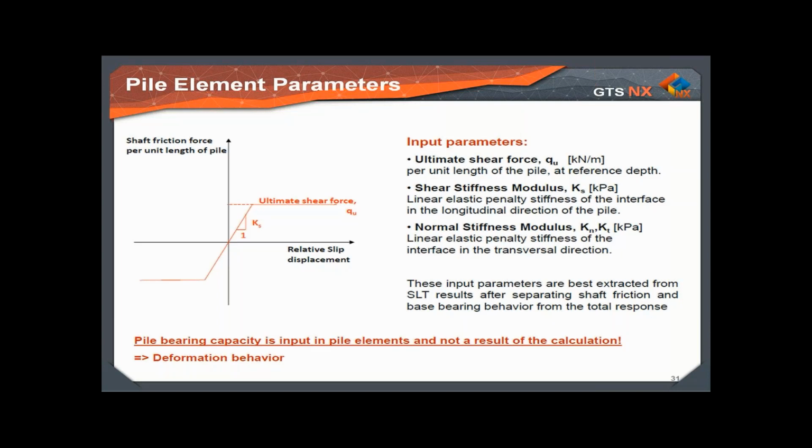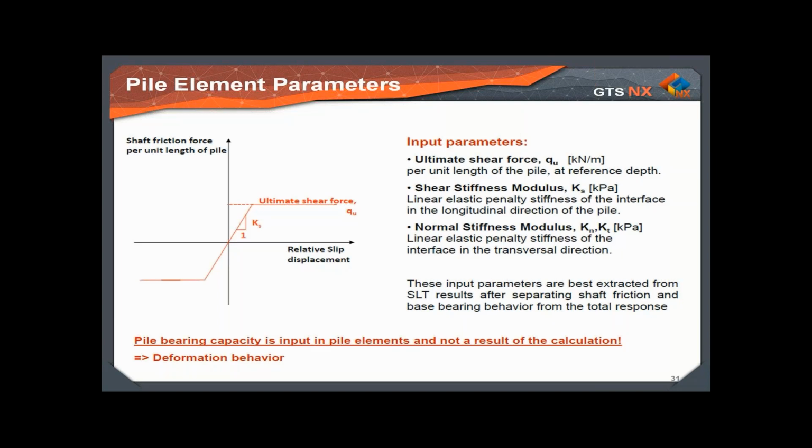The stiffness has to ensure that this interface doesn't govern the total behavior. You should get your elastic behavior more from the surrounding soil until you reach the ultimate shear force that you have specified.